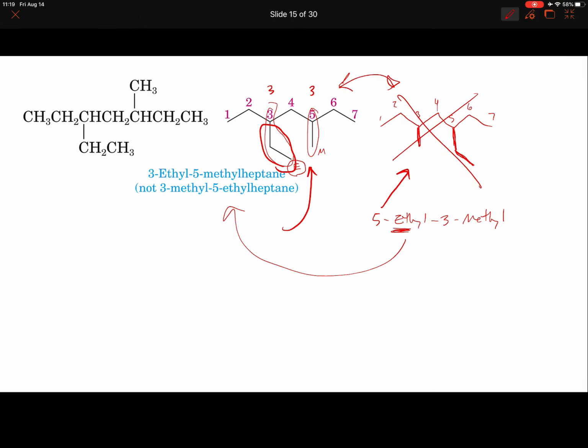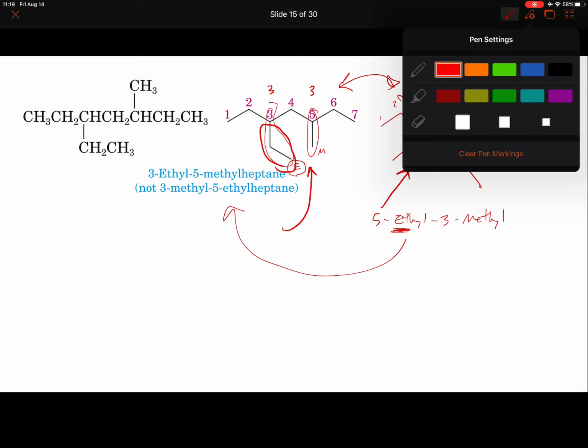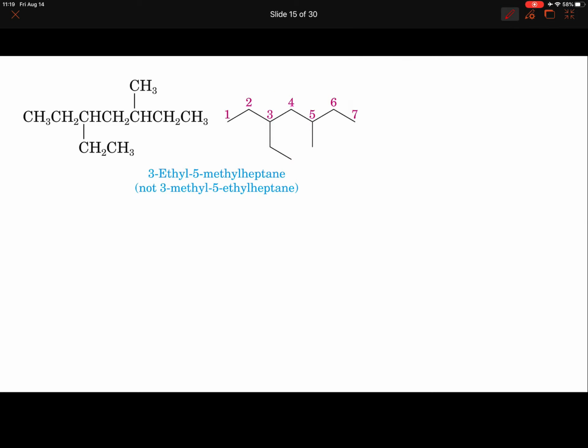We're happy just getting the naming. And again, if you numbered this one the opposite direction, it would still work and you would still be able to recreate it. The only thing that would be different is that these numbers actually would be switched. The ethyl would still go before the methyl, but the ethyl may end up with a 5 instead of a 3.